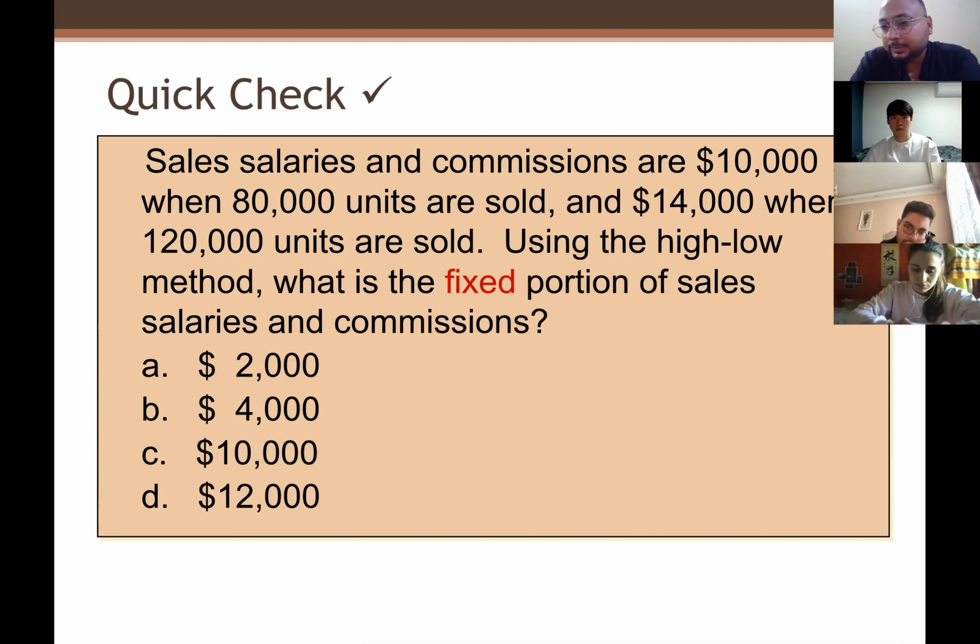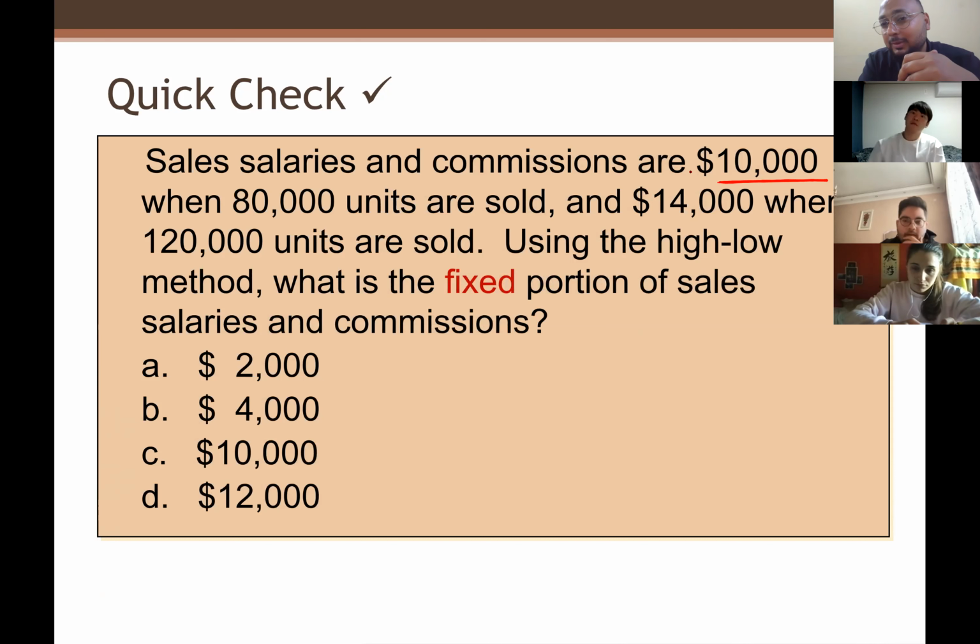Subhan, what is the answer? Is it C, sir? C. Yeah. Coco? Subhan, C is not the answer. Because you can easily say that the total mixed cost is 10,000.